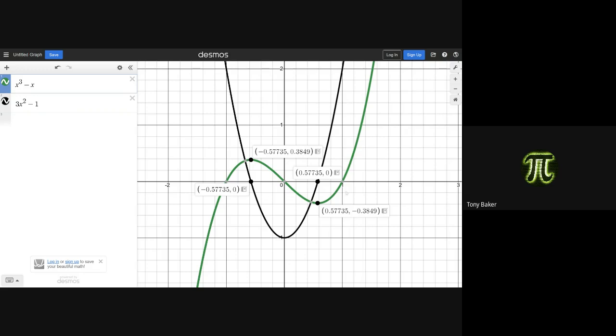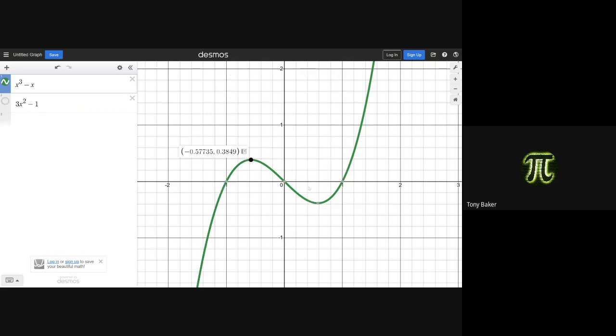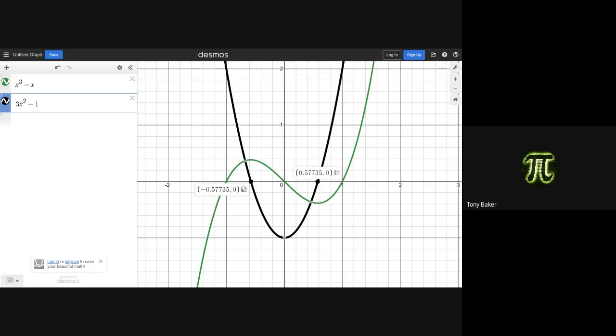So right here, from here to here, which direction's the function going? It's going down, right? So my slope would be what? Slope would be negative. Let's look at my slope equation. Notice between here and here, my slope is negative.